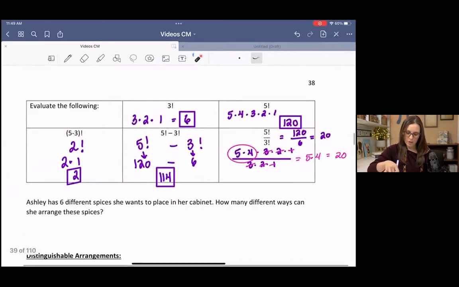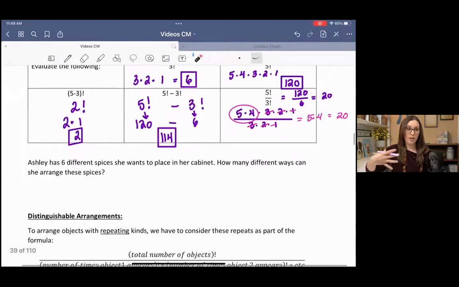So we have an example down here where we're going to be using factorial. Ashley has 6 different spices she wants to place in her cabinet. How many different ways can she arrange these spices? So if she has 6 different spices, then you can kind of picture her cabinet. That means she has 6 different places to put those spices.